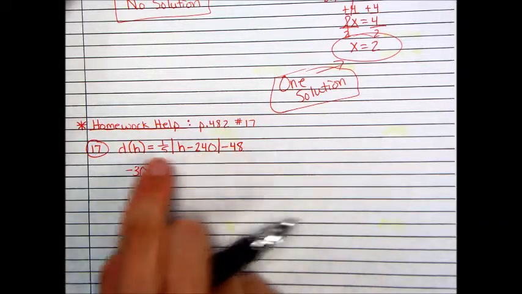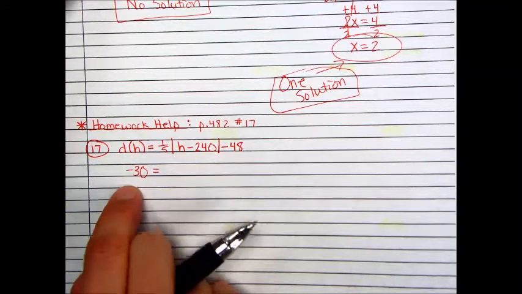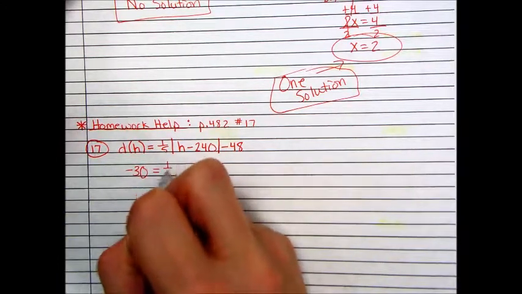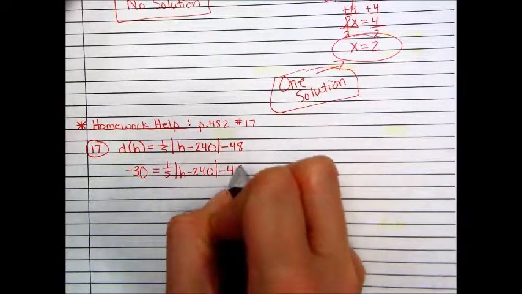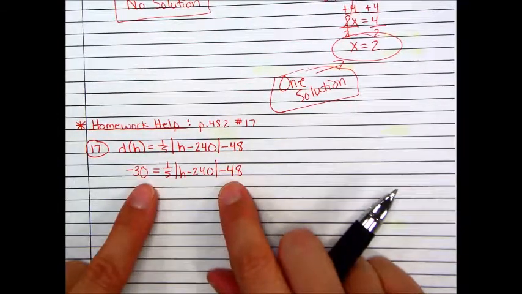So what you have to understand is you're replacing the depth with negative 30 here, and then you are going to solve this equation for H.